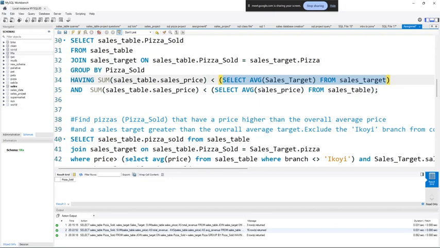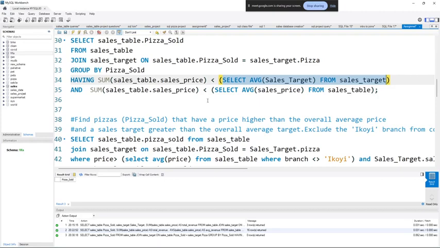That's the only way you can do it. And the second condition they gave us is that that same revenue is less than the average sales price from the sales table.